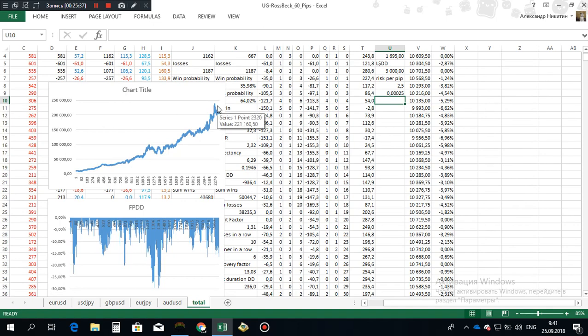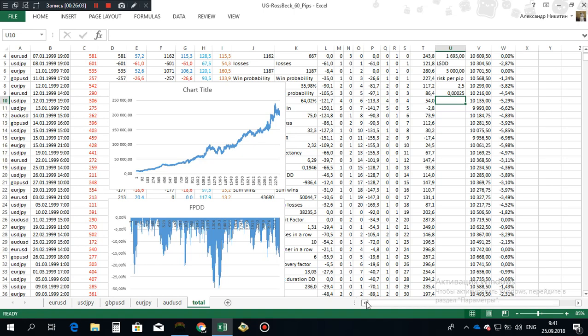200k multiplied our account how many times? 200 times? No, 20 times. Multiplied the account 20 times. Okay, now let us calculate the average annual return and average monthly return. First of all, we need to calculate how many years we have in our backtest.